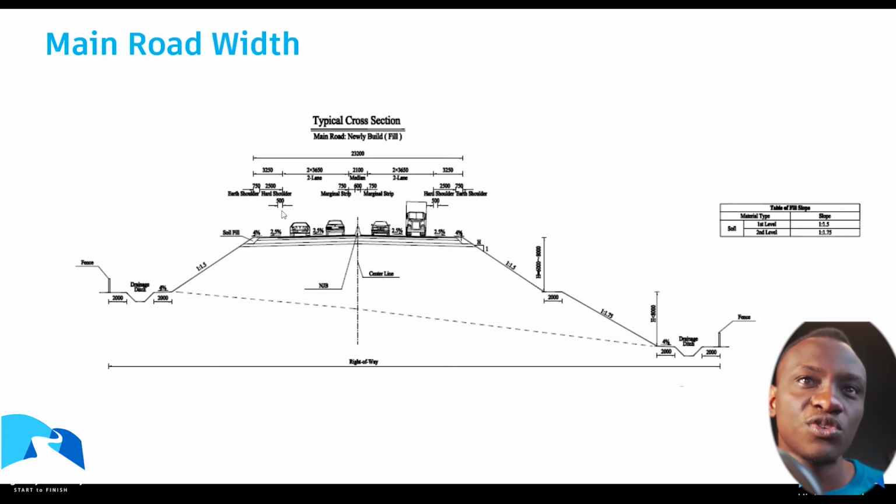That's the outer strip, and then we shall have 2.5 meters for the shoulder, and then we shall have 750 millimeters for the earth shoulder. We shall be having an embankment at 1 to 1.5 ratio, and then after that, that's a height of 6 to 8 meters, and then after that we shall have a 2 meter bench, and then after that we shall have 1 to 1.75.